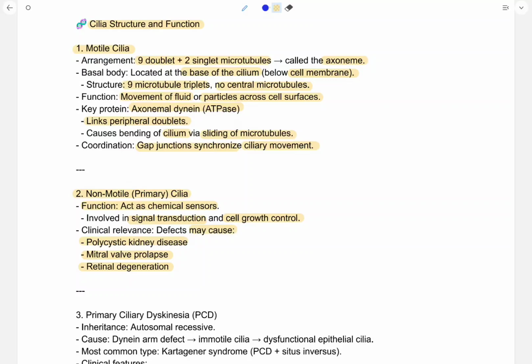So basically, non-motile cilia act as chemical sensors for signal transduction and cell growth control, and polycystic kidney disease, mitral valve prolapse, and retinal degeneration are linked to their defects.